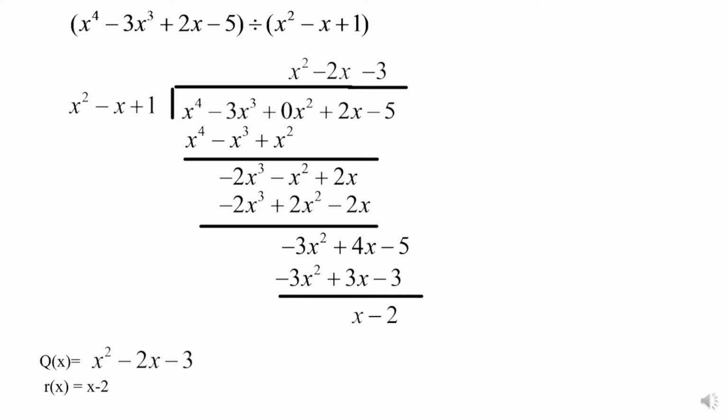Next we subtract and get x minus 2. The quotient q of x equals x squared minus 2x minus 3, and the remainder r of x equals x minus 2.